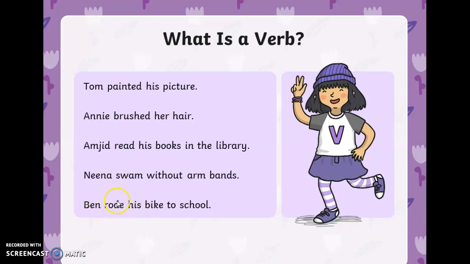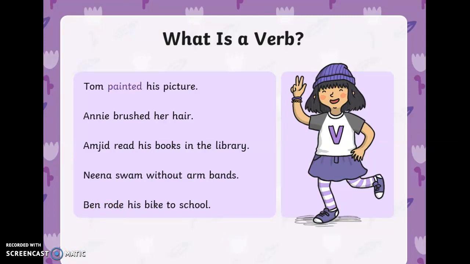Rode. Rode is the verb. It's the past tense of ride. Ben rode his bike to school. We could have yesterday here or this morning here if we wanted to be a little bit more clearer. Ben rode his bike to school. Rode is the action word. Rode is the verb.